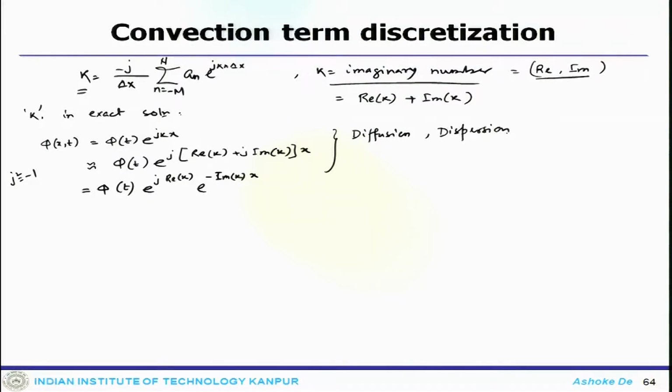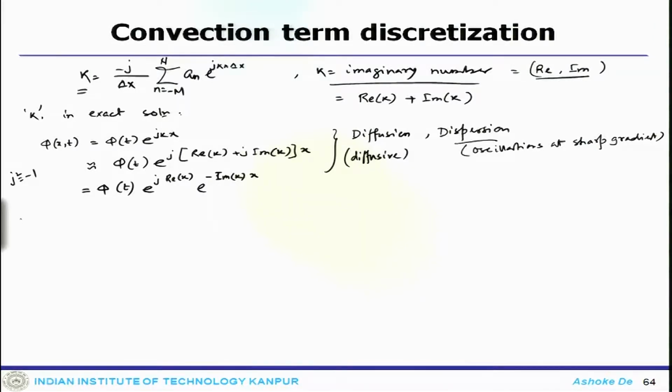The diffusion will make the solution diffusive in nature, and dispersion will lead to small oscillations at sharp gradients. So, in either of these cases there are certain issues.